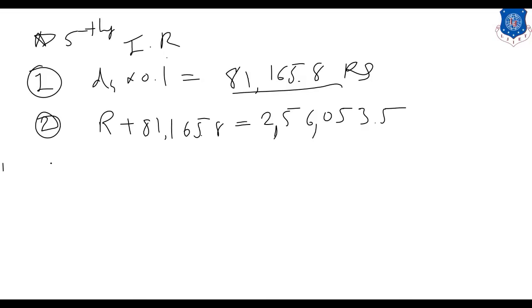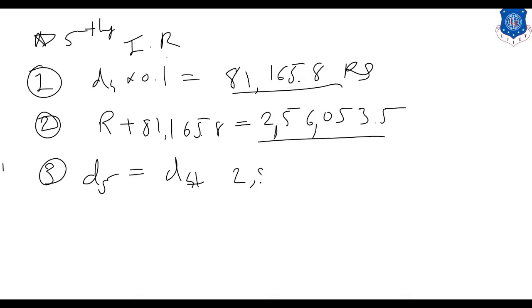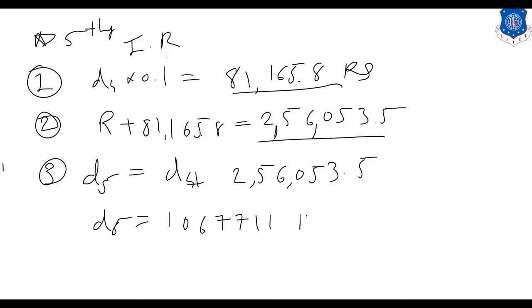Now in the third step, we find D5, the depreciable amount for the 5th year, which is given by D4 plus the annual depreciation 2,56,053.5. So D5 becomes 10,67,711 rupees. This is the depreciation for the 5th year.